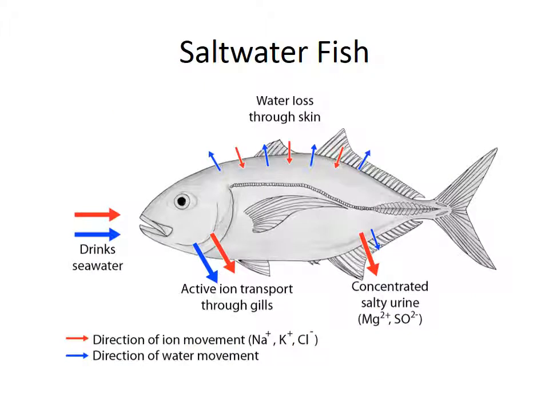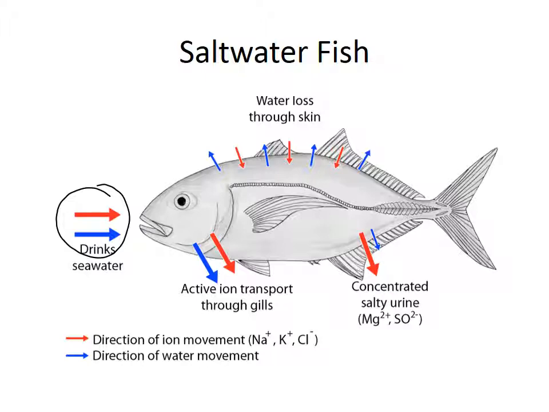And here is a picture of a saltwater fish, and the blue depicts the direction of water movement, drinking, and so the arrows going in the fish's mouth are, notice, the same size over here. Ions and water, same amount is going in the fish. Well, it will lose some water through its skin.